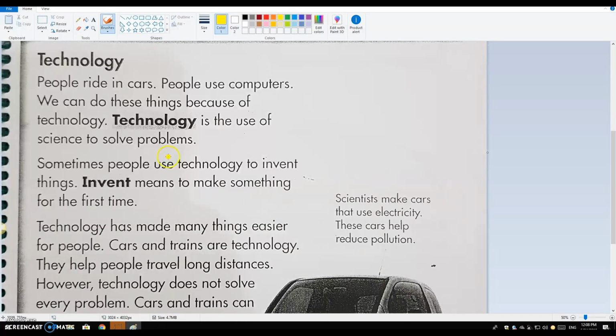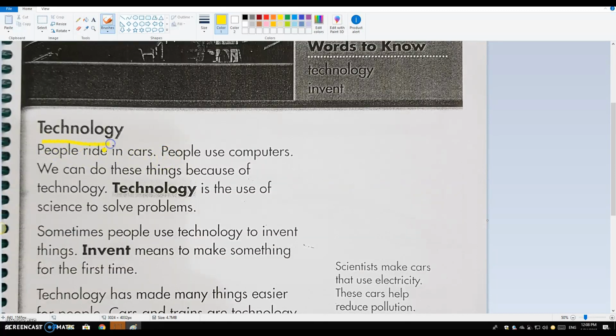Technology. People ride in cars. People use computers. We can do these things because of technology. Technology is the use of science to solve problems.